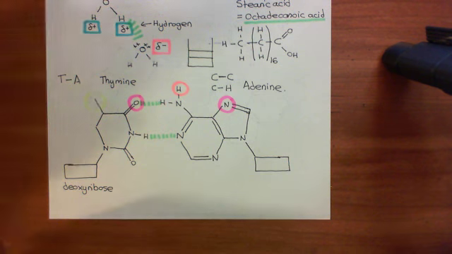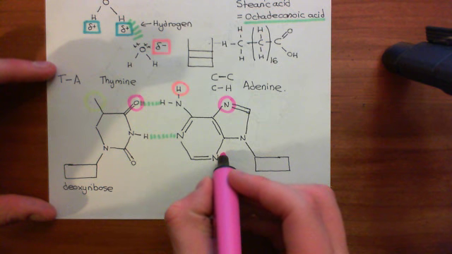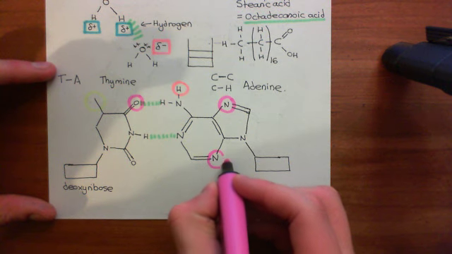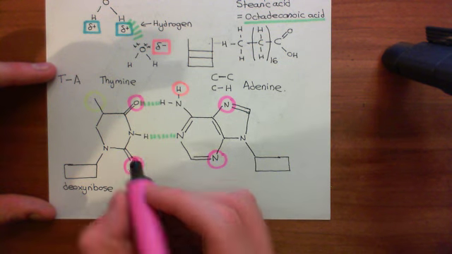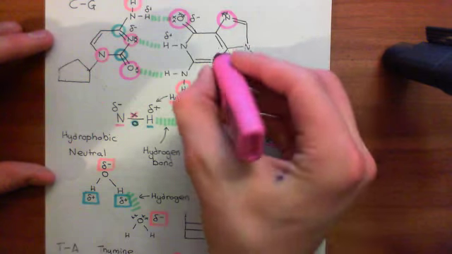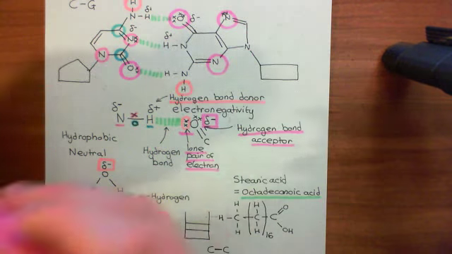Then on the minor groove here, we have these two hydrogen bond acceptors, this nitrogen and this oxygen. And by the way, I've just realized that I forgot to mention that we had a hydrogen bond acceptor here on the cytosine and guanine organic base pair.